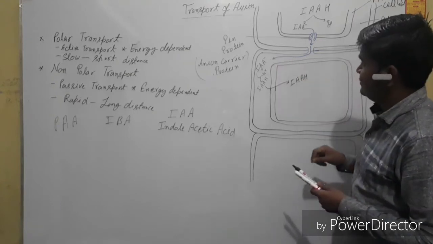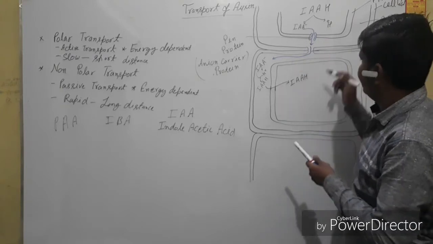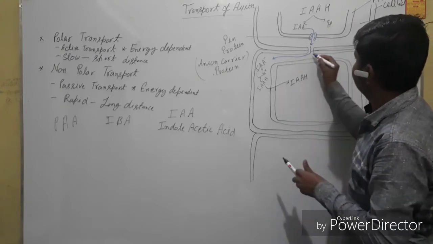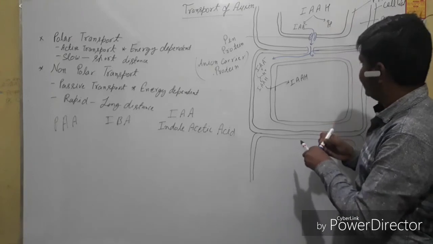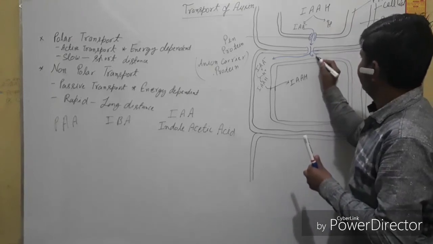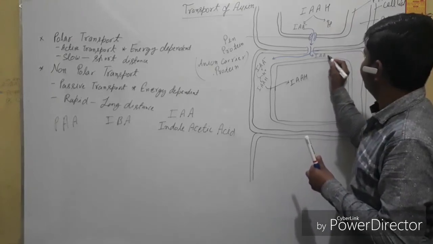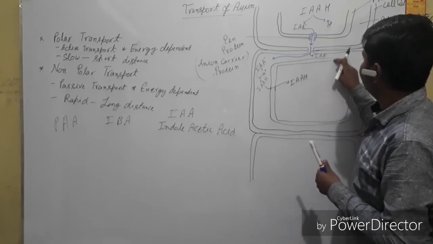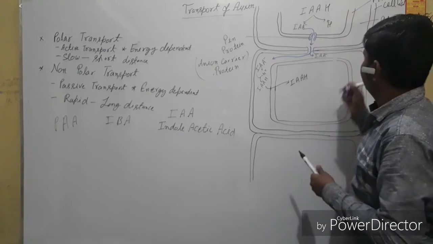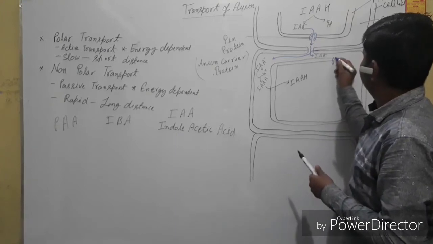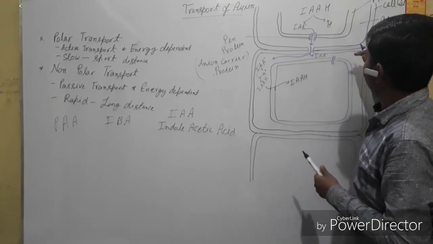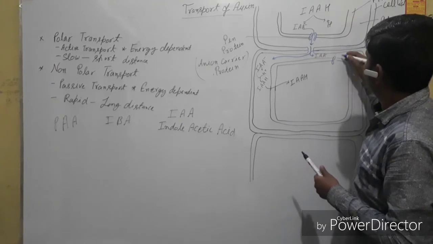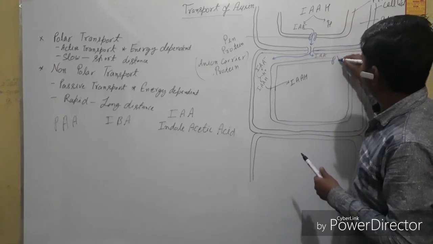Now IAA minus also comes in without the bound form, with the help of a transporter protein.